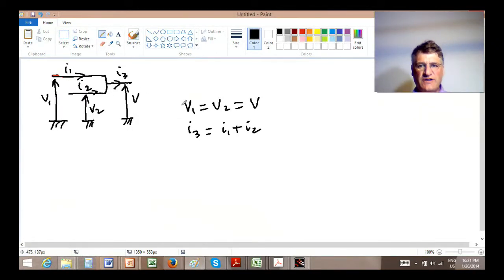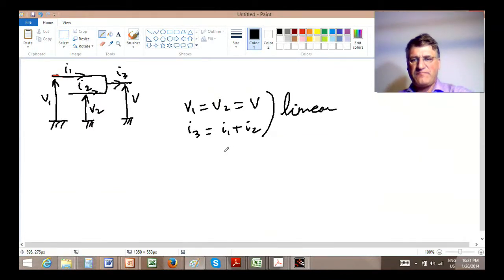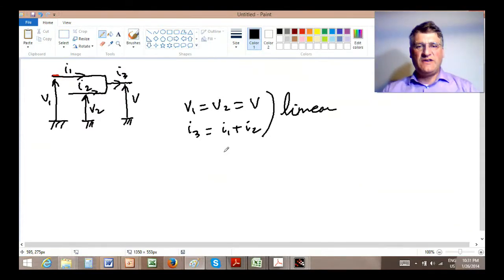Again, for a junction like this, the voltages and intensities of the different elements that are joined together are related by a linear set of relations. Clearly, simple linear set of relations.